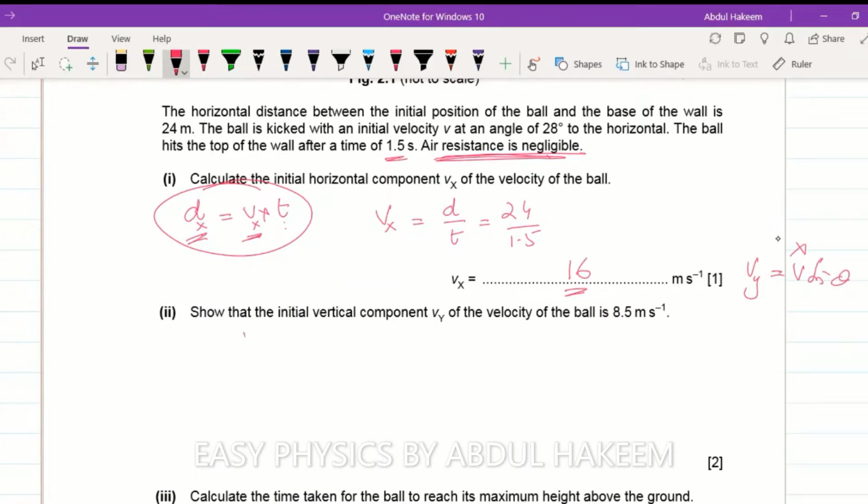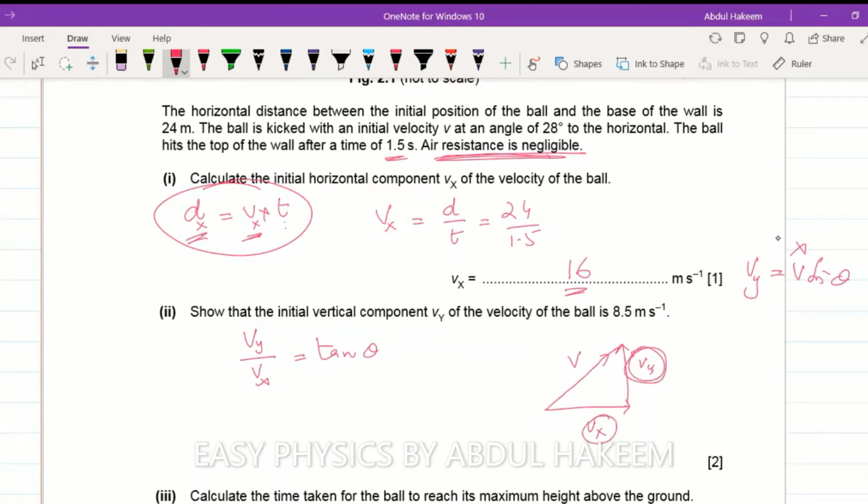Look, the relation between the vertical component and the horizontal component is tan theta, because this is horizontal velocity, this is vertical velocity. When both are added, head to tail rule, this is the resultant velocity. So this is a right angle triangle. So we can use Pythagoras theorem: perpendicular square plus base square is equal to hypotenuse square.